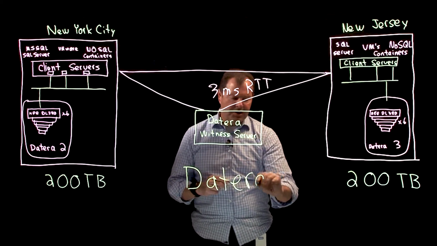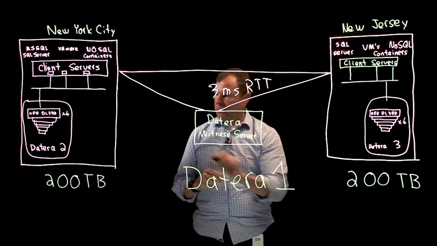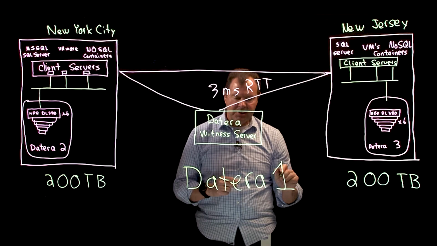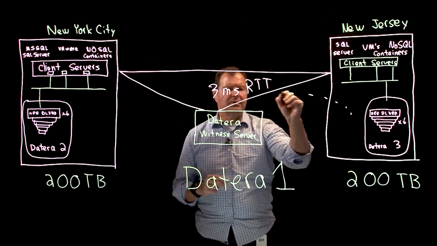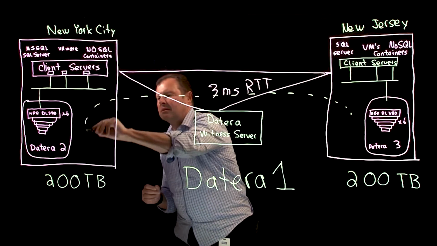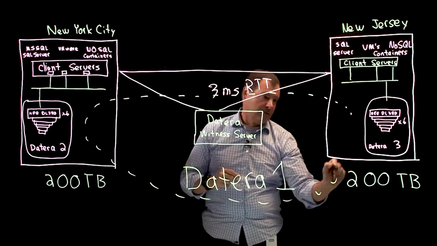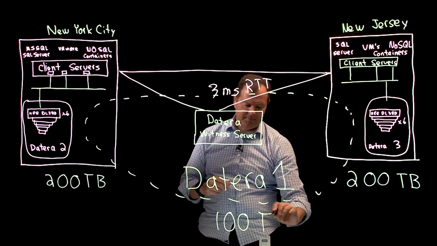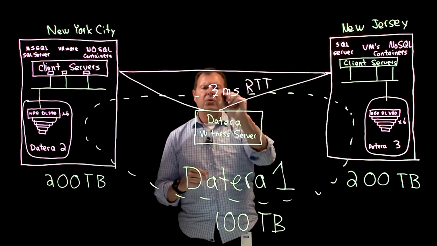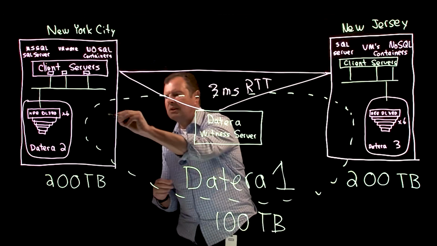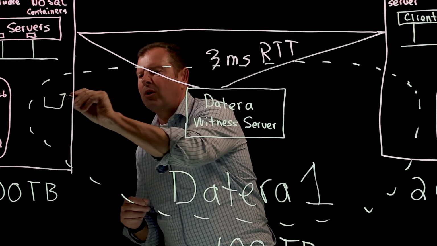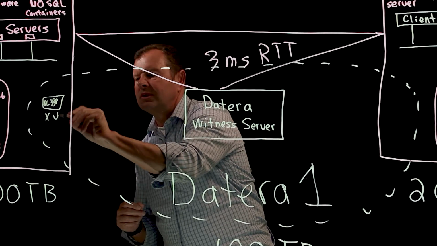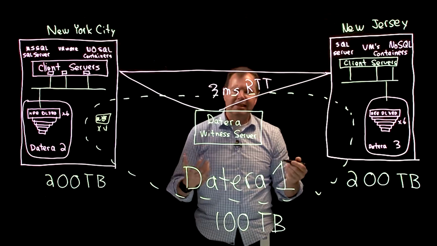Let's call this stretch cluster Datera 1. We've got Datera 2 in New York, Datera 3 in New Jersey. The cluster is actually only 100 terabytes, and it only has the Tier 1 workloads, so there's actually only 4 DL380s that we have in each cluster on each side.